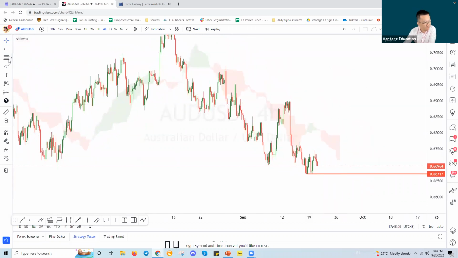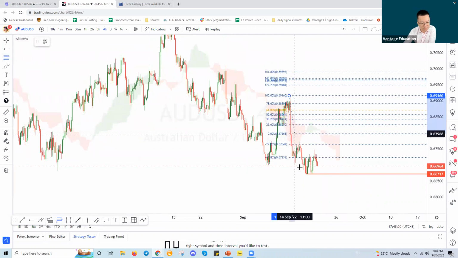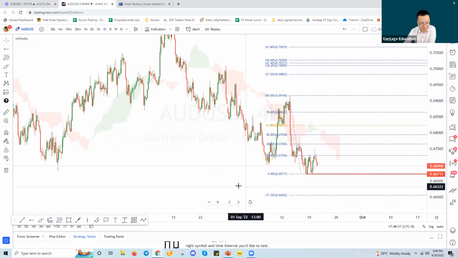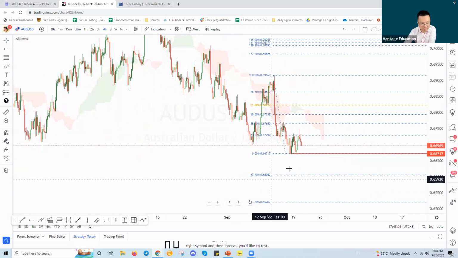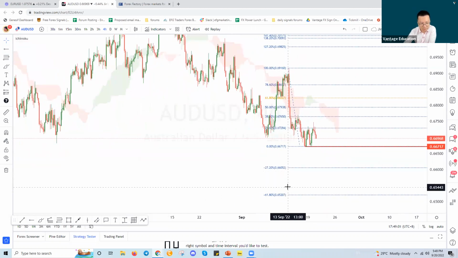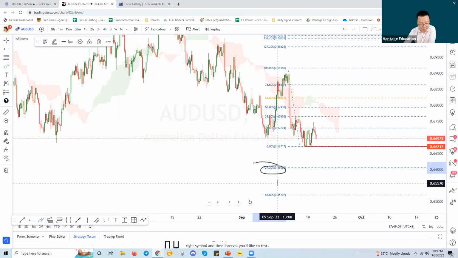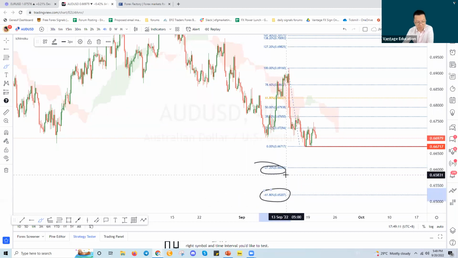And where can it head towards? We have a bit of a projection level. We have a next level at 0.66. So 0.66 there at a minus 27.2 or 0.6520 level at a minus 61.8.